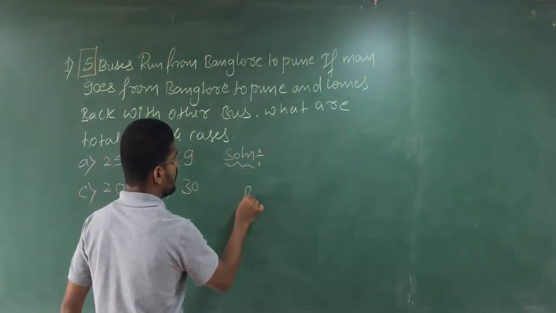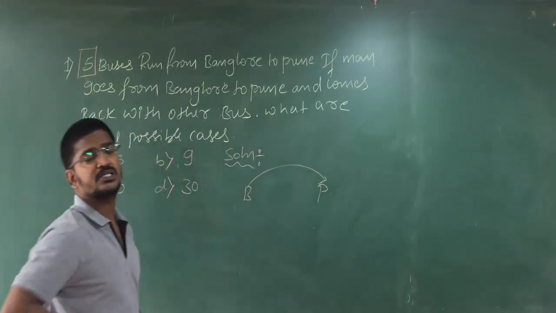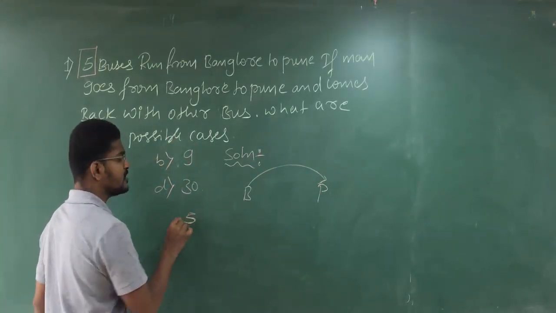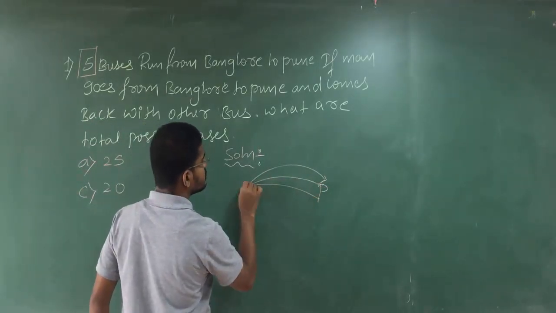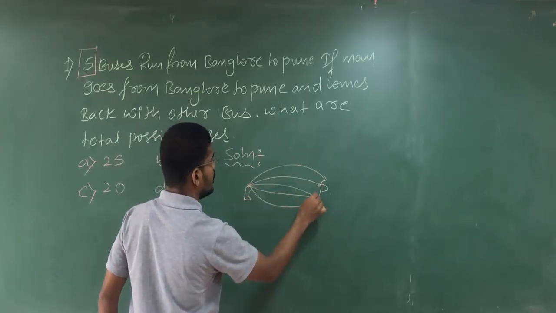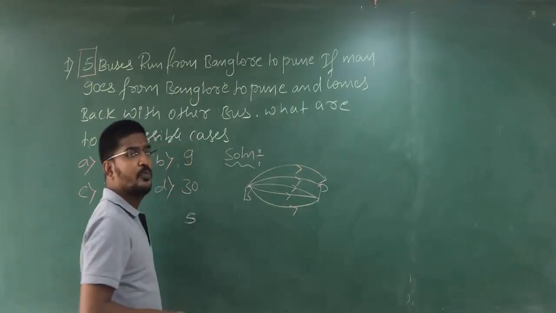He goes from B to P, that is Bangalore to Pune, with 1 bus, out of how many? 5. That means he has 5 choices to go to Pune.